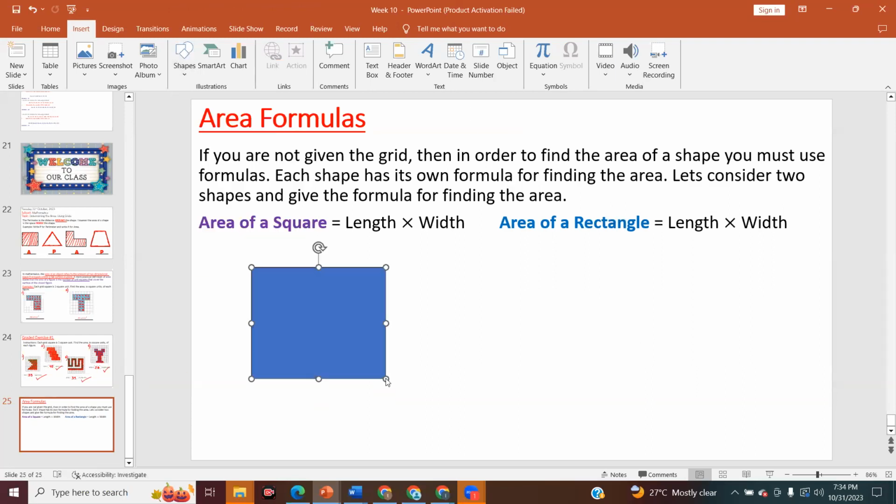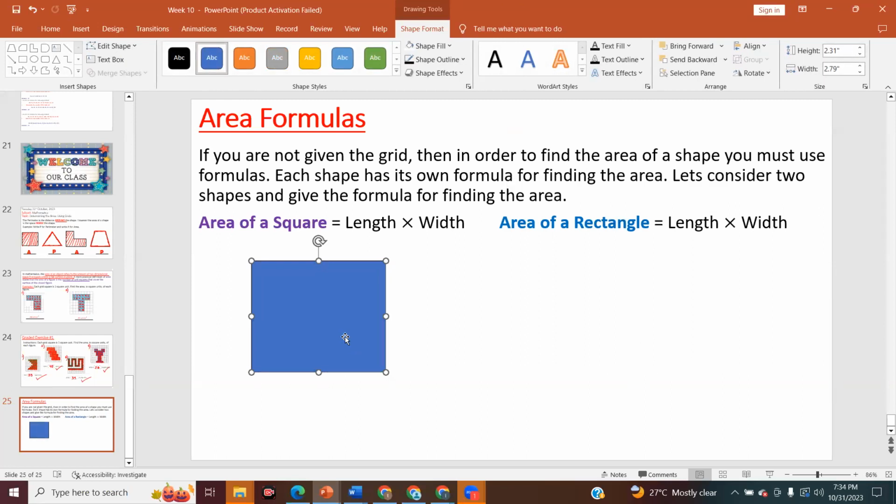A square, all sides are similar, and a rectangle, only two sides are similar. Very good. For a square, all sides are equal, and for a rectangle, all sides are not equal. Only two sides are equal.